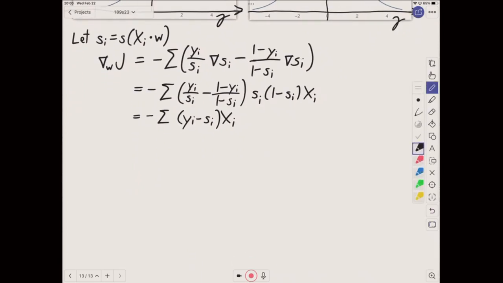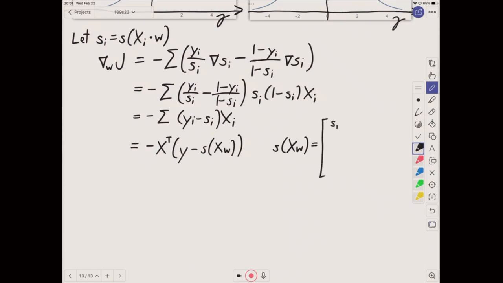Also, I can further simplify it by putting it into matrix notation and getting rid of the summation. So you can write this as just minus the whole matrix X transpose times the vector y of labels minus, and I need to explain what this last bit means. The idea is that we're going to compute X times w and then apply the logistic function s element-wise to every entry in X times w.